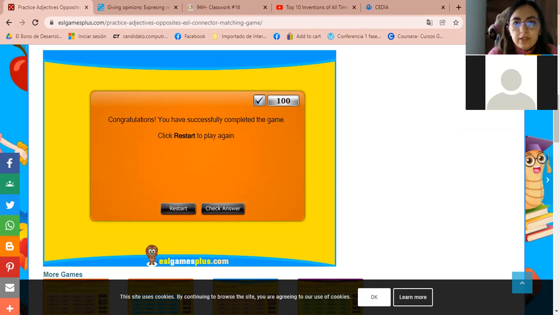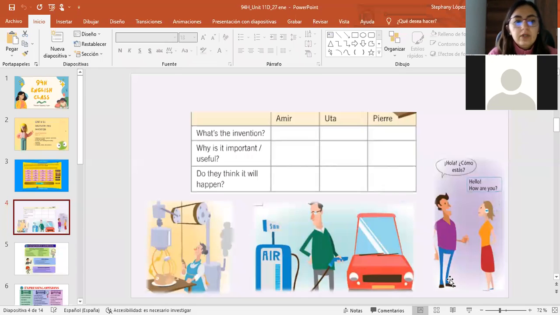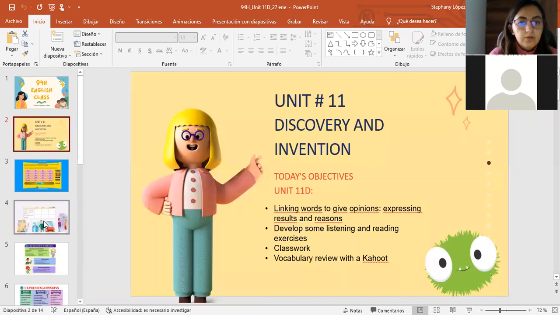So it's time for us to begin with today's class. What are we going to talk about? We're going to end with unit number 11 this time. Today we're going to review a few structures to write a web post, like a very small reading on internet.